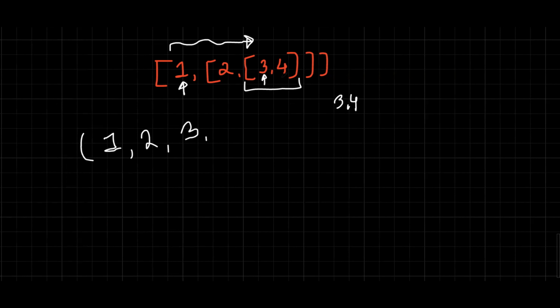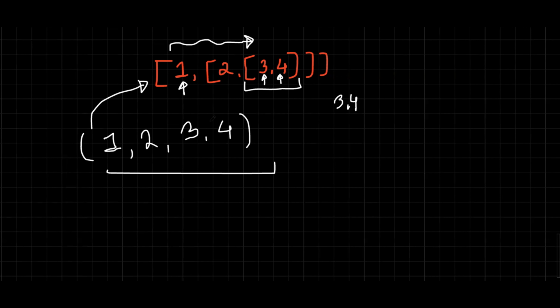Similarly, we check the next element, which is 4, so we add 4 here. Now, we have completed the iteration and we have found the flattened version of the given nested array.